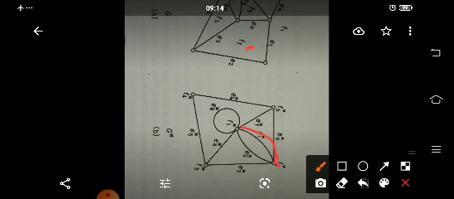Next, F2 is adjacent to F1. F2 is adjacent to F5. Next, F2 is adjacent to F3. Next F2, where is F4?